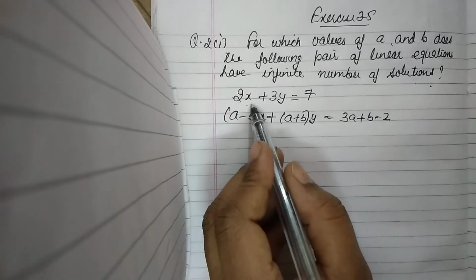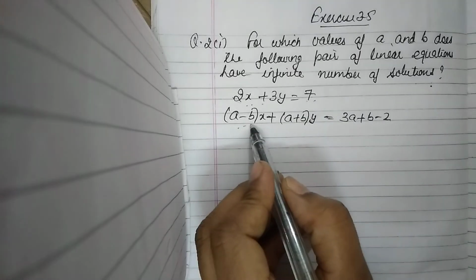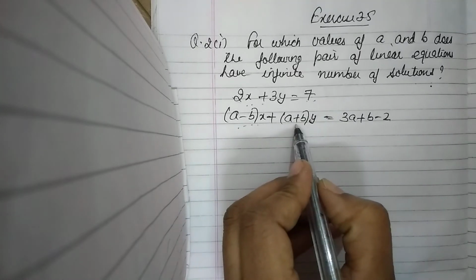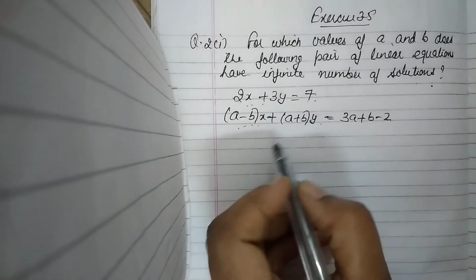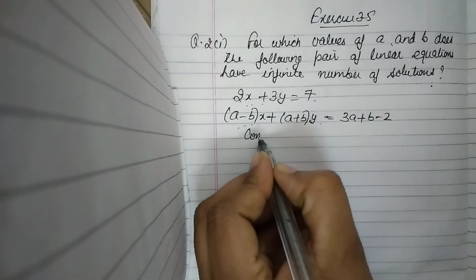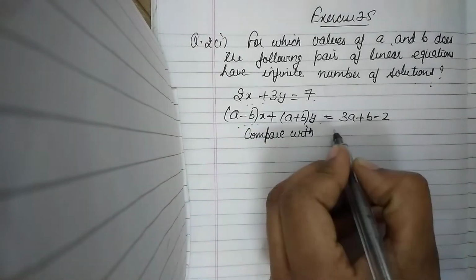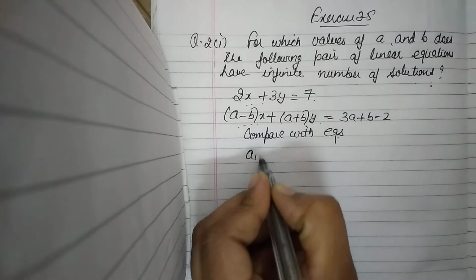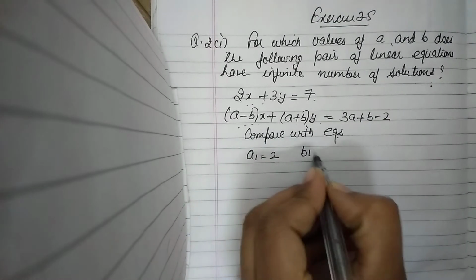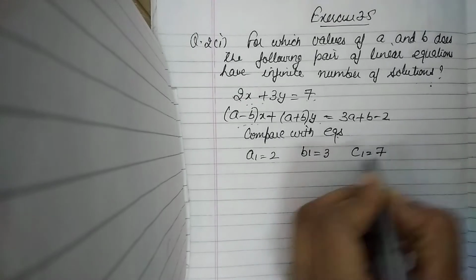First equation is 2x plus 3y equal to 7. Second equation is (a minus b)x plus (a plus b)y equal to 3a plus b minus 2. Firstly, compare with the general form of equations. a1 is 2, b1 is 3, c1, the constant term, is equal to 7.